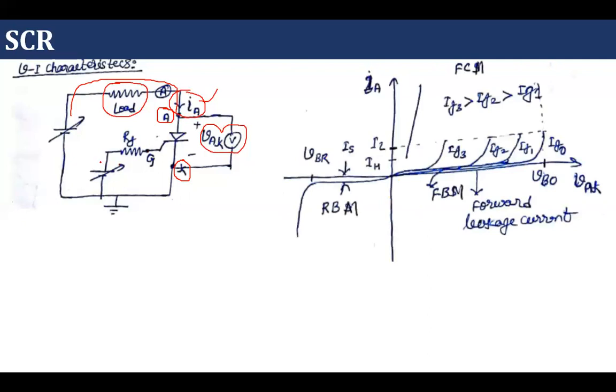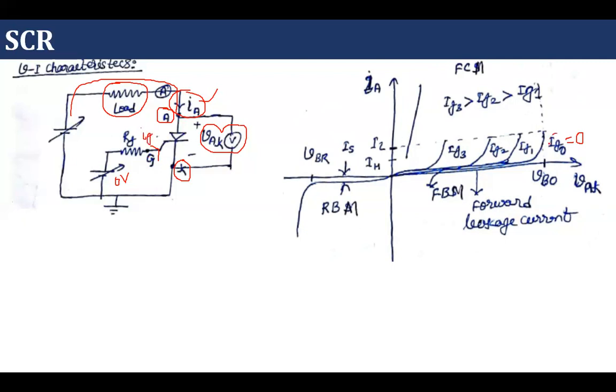Suppose I'm giving 0 volt from this place, so the gate voltage is 0. We can consider this case IG equals 0. The SCR is actually a current control device. Through the gate terminal, we have to give a sufficient amount of current, and only then will it be turned on. So this time, the current IG is 0.